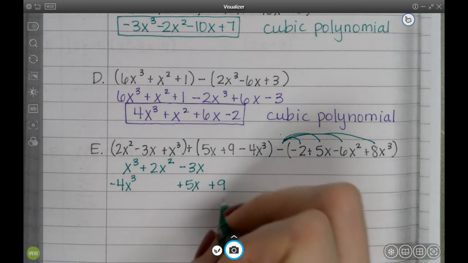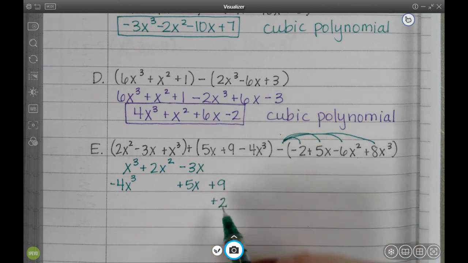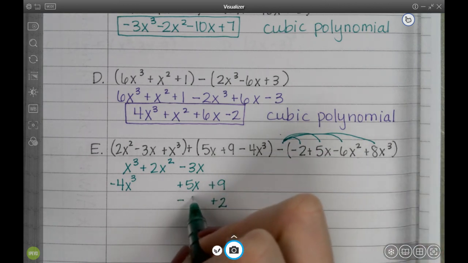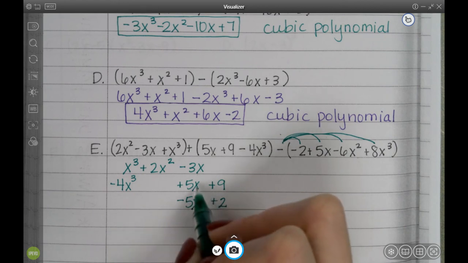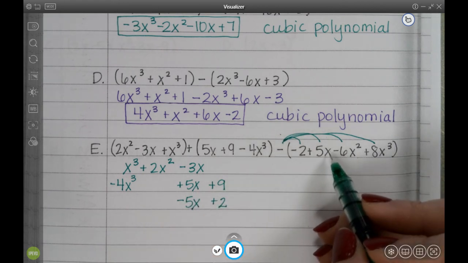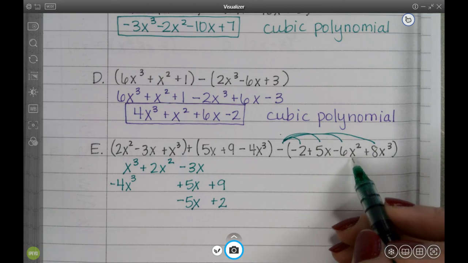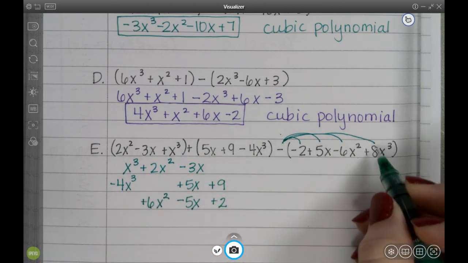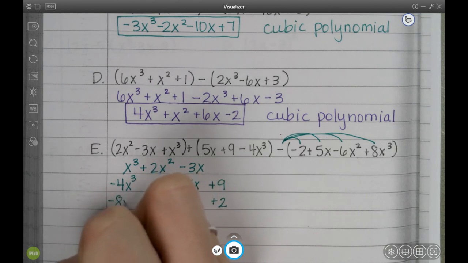So I'm going to have a plus 2 down here under the 9. I'm going to have minus 5x under the other 5x. I'm going to have a plus 6x squared and a minus 8x cubed.